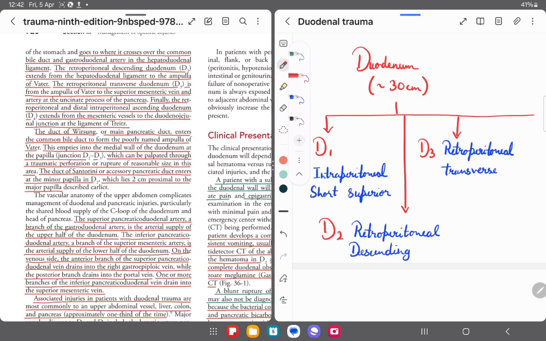Finally, we have the retroperitoneal and distal intraperitoneal ascending duodenum, D4. So what is D4?